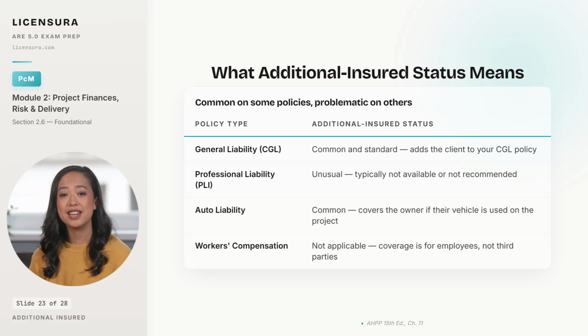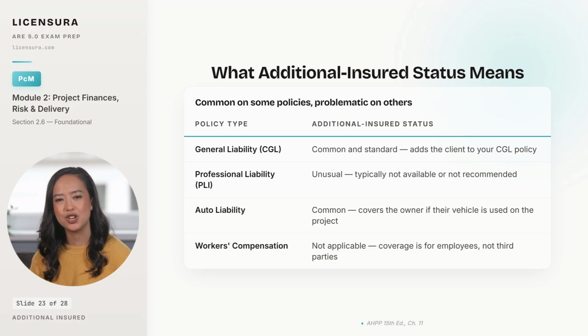On auto liability, additional insured status is common when the owner's vehicles are being used in connection with the project, or when your firm carries hired and non-owned auto coverage. And workers' compensation does not have an additional insured concept at all, because that coverage exists for the protection of your employees, not for third parties. When a contract asks for additional insured status without specifying which policy, clarify the question before you accept the obligation.